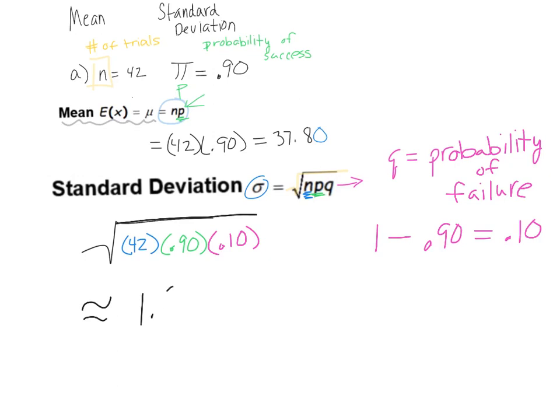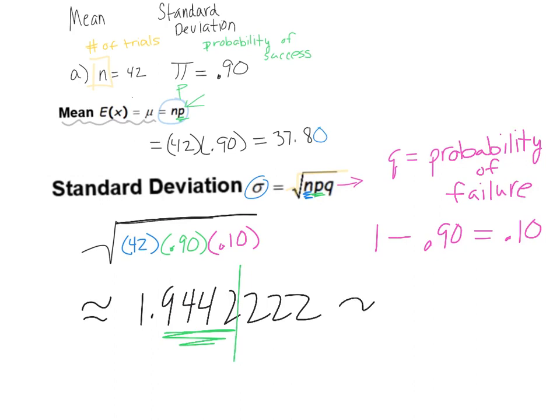It's like 1.944, and then 4 2s. It goes on and on. The directions told you to round to 4 decimal places, so we're going to round to here, which means that it will be 1.9442.